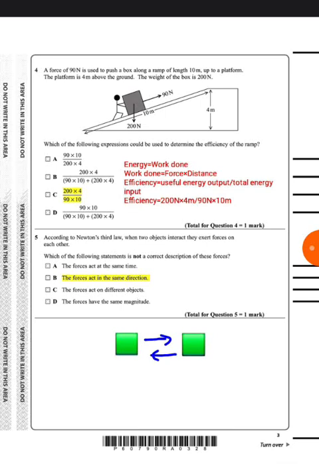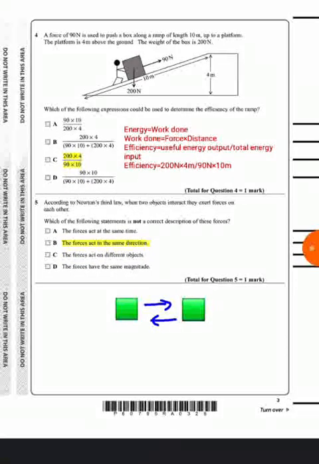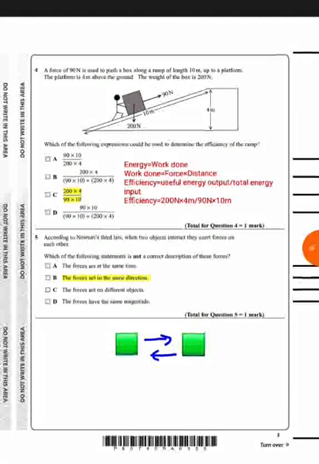And the horizontal one is 90 newtons multiplied by 10 meters. So we divide 200 newtons multiplied by 4 meters by 90 newtons multiplied by 10 meters. They are not telling us to get the final answer, only to write the correct equation. So therefore C is the answer.